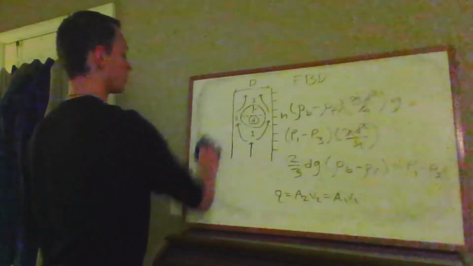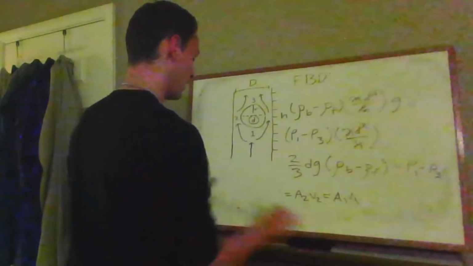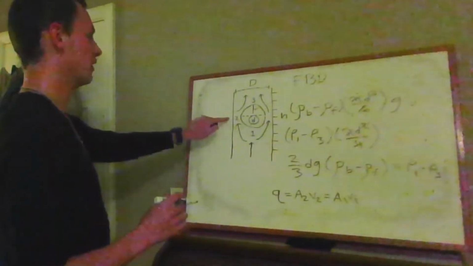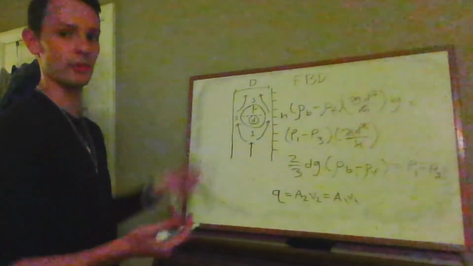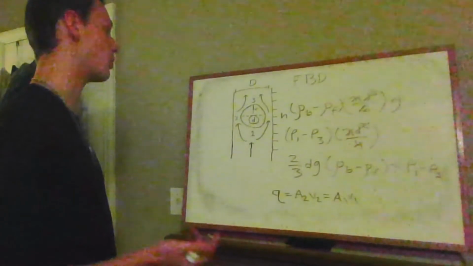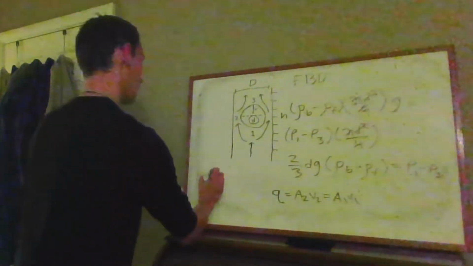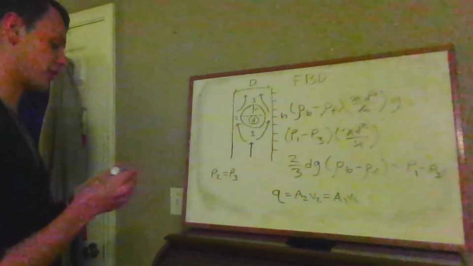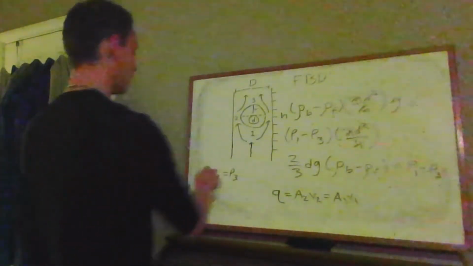With the sudden expansion concept, what does that mean for the pressure at position 2 and the pressure at position 3? Of course it means they're equal. So P sub 2 equals P sub 3. This is extremely important for us, because we can substitute P sub 2 into here.